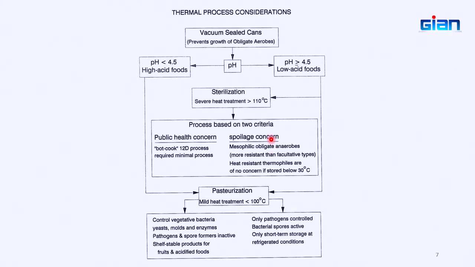Actually, a 12D process is sufficient from the safety point of view, but industry tends to give a higher process than that because the spoilage is due to spoilage microorganisms, so you want to destroy a little bit more microorganisms.